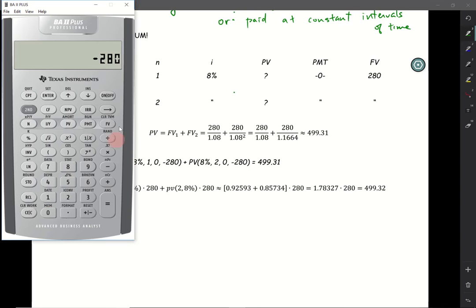Instead of putting it in the future value, which is only one single cash flow at the end, we put it into the PMT. Okay? Then when we compute the present value, we get the present value for that stream of cash flows. Does that make sense? Okay.